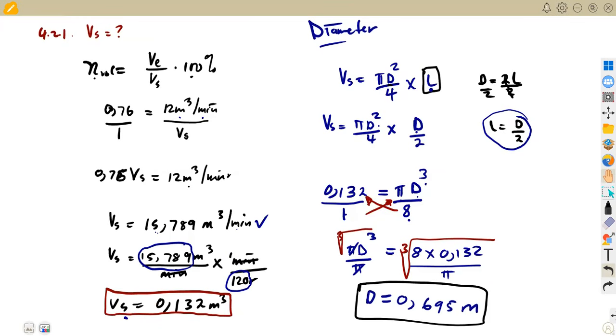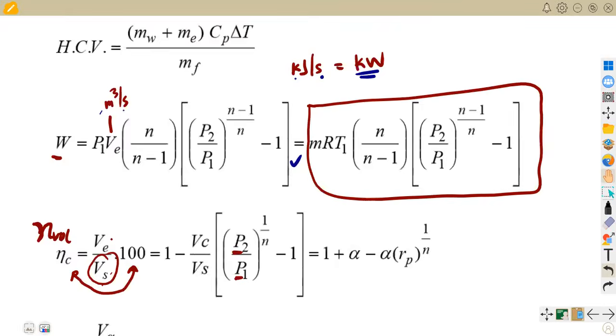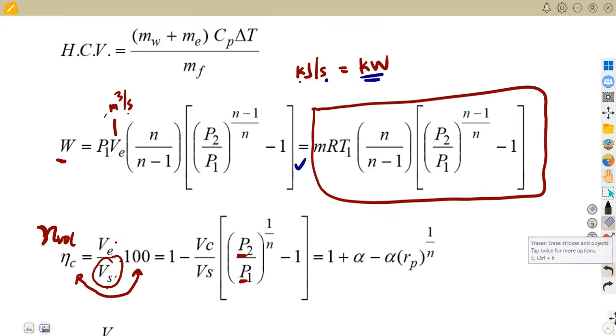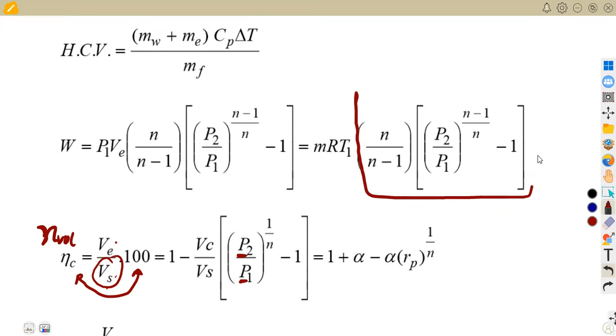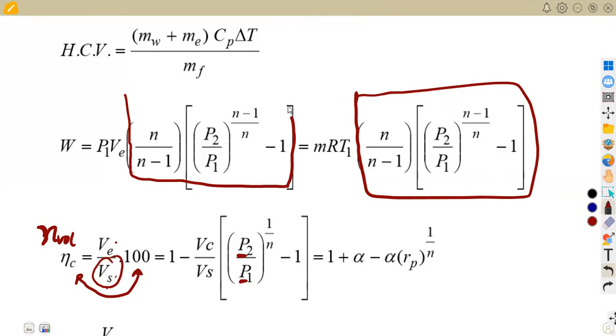These two are equivalent. So instead of being taken from our volume in this case, I want you to see something here. Let us consider this part from our formula, because this whole part, the n over n minus 1, and this whole part that we see here are the same.